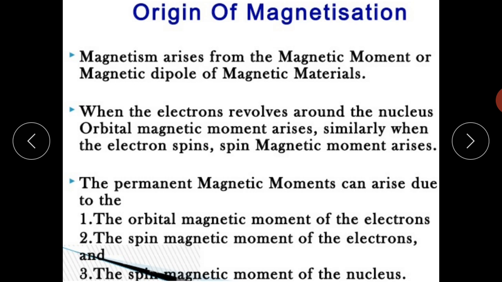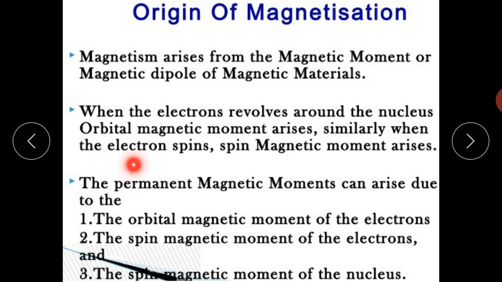Then, the origin of magnetization. Magnetism arises from the magnetic moment or magnetic dipole of magnetic materials. When the electrons revolve around the nucleus, orbital magnetic moments arise.